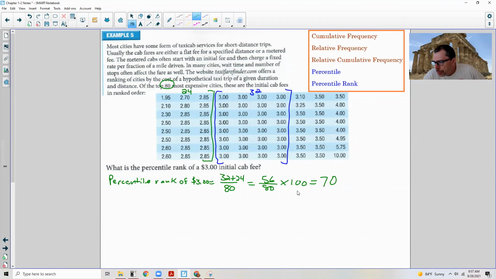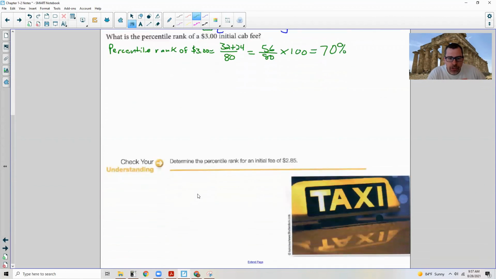So the percentile rank of a $3 initial cab fee is 70%. That means that 70% of the initial fares listed are at or below $3. Okay, simple enough. So let's move on to check your understanding.